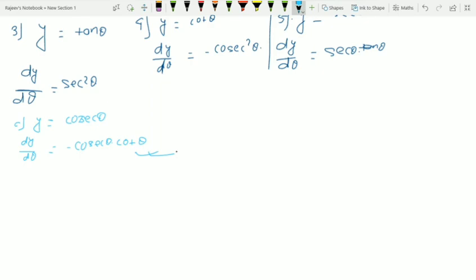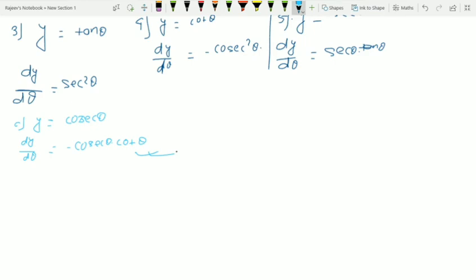From these results you have seen that when a trigonometric function starts with C, its result comes in negative: the differentiation of cos theta is minus sin theta, of cot theta is minus cosec square theta, and of cosec theta is minus cosec theta into cot theta. These are all standard results which you have to keep in your mind.